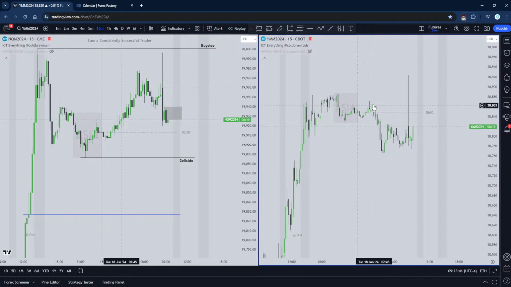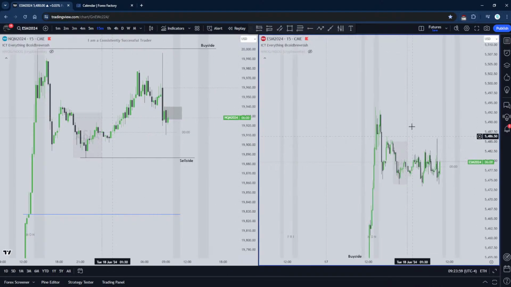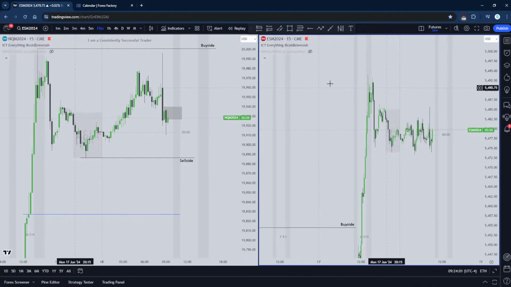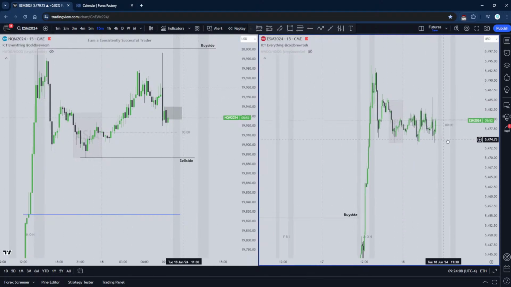We did already sweep London high, Asia high at the same time, and yesterday's high actually, but it didn't sweep it here. So we got kind of like SMT. I don't really look at YM too much for SMT. It can throw you off a little bit. Yeah, ES would look better. So okay, there is some SMT with ES.